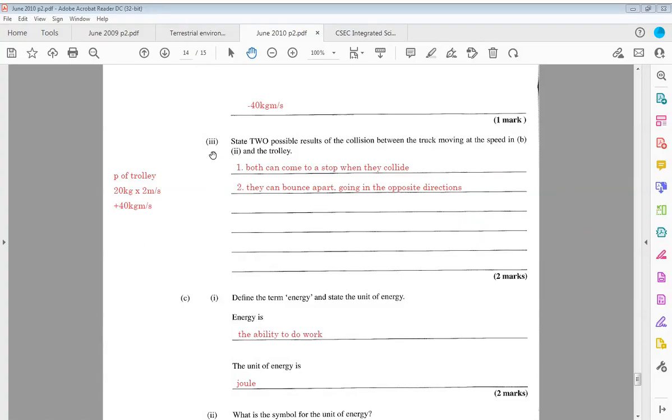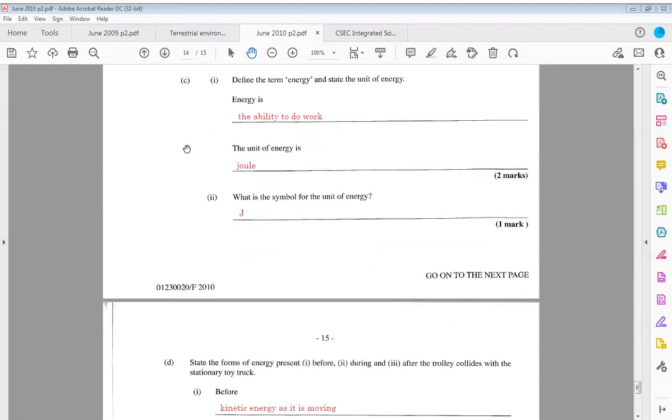So what are two possible results that can happen? We have negative 40 kilogram meters per second and positive 40 kilogram meters per second coming into each other. So what could happen? Both could come to a stop while colliding, or we could have an elastic collision where both of them bounce apart going in the opposite direction.